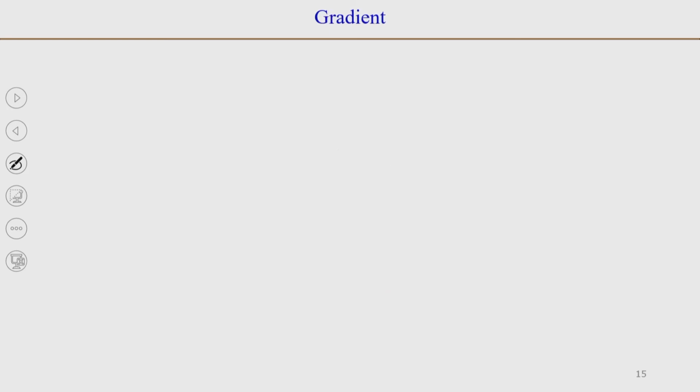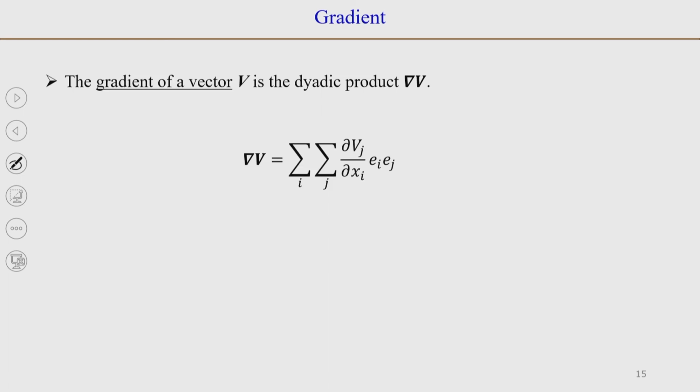So, we have looked at the dot product of a vector with the del operator, and the cross product of a vector with the del operator. If we take the del operator and operate on a vector v, then what we get is the gradient of a vector v. So, the gradient of a vector v will be a tensor, and you can write this in summation form easily, which will again have 9 components.